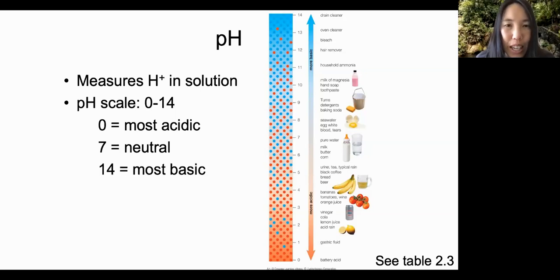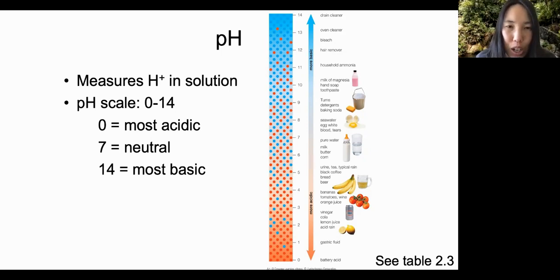So if you look at our scale, it runs from 0 to 14, and you start at 7, which is neutral pure water, and you move more basic, you'll see you reach things like egg white at 8, toothpaste at 10, ammonia at 11, bleach at 12 to 13. So as you move closer to 14, you get more basic.